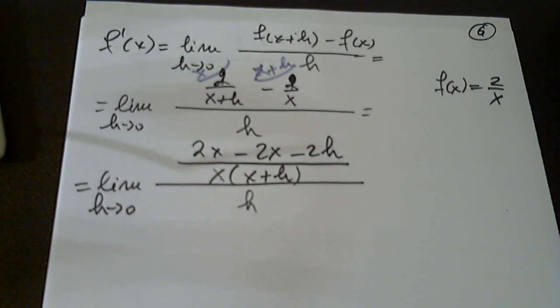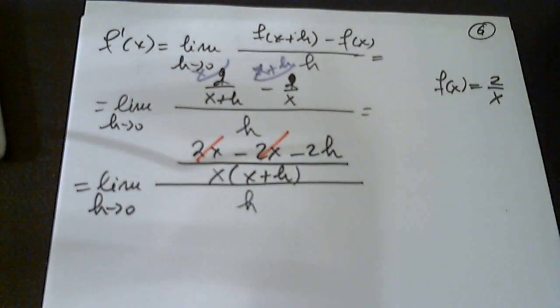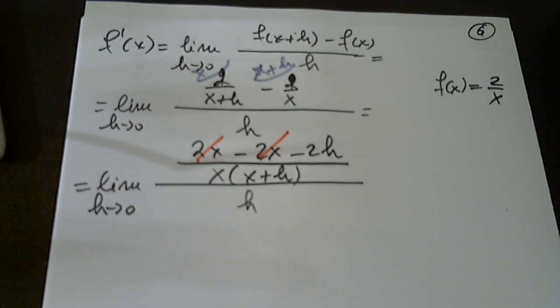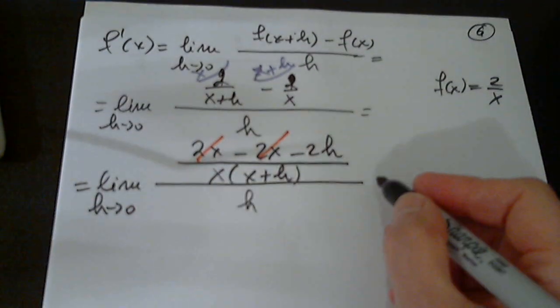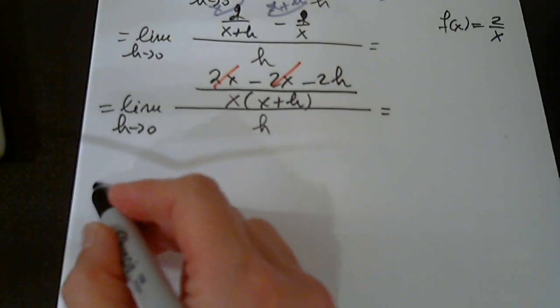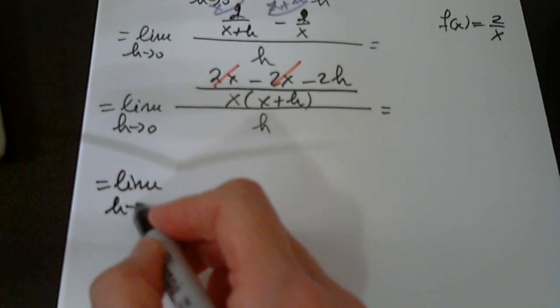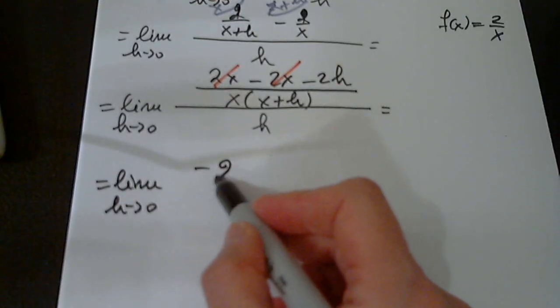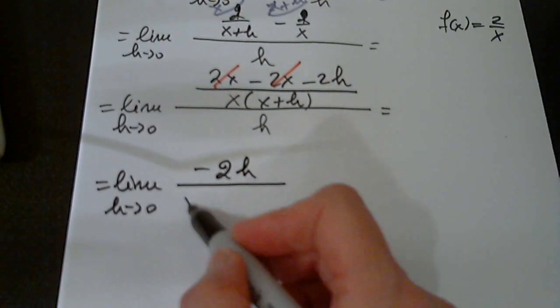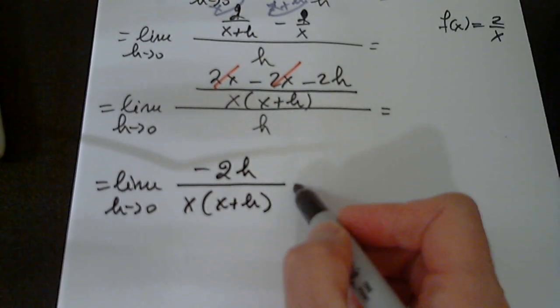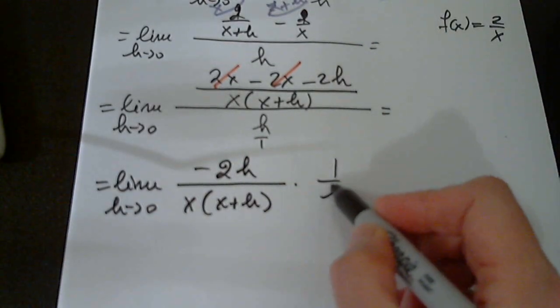Yes, this has to happen. All terms without h have to go away. Then I copy the numerator, which is negative 2h divided by x times x plus h. I have to flip h over 1 because I'm dividing two fractions.